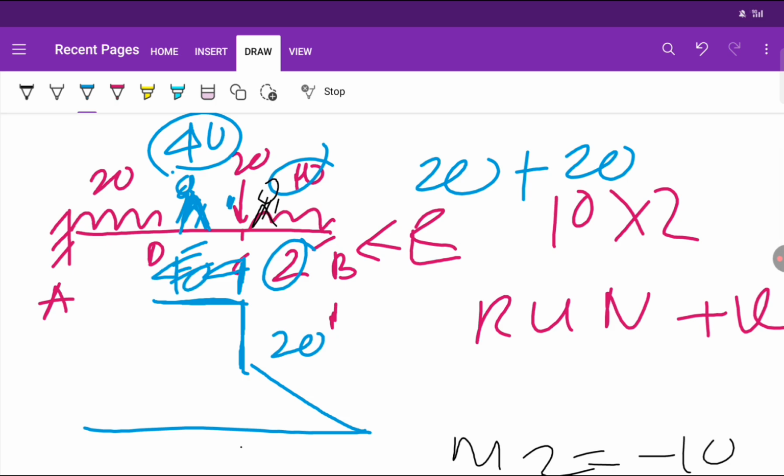Now here there are mangoes which are placed at an intensity. How much intensity there? 20 intensity. What is the distance there? 2 meter. So 2 meter into 20, that is our 40 load. So 40 mangoes are there. Previously I had 40 mangoes, now 40 mangoes, that is our 80 mangoes.